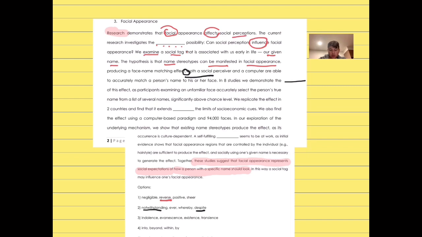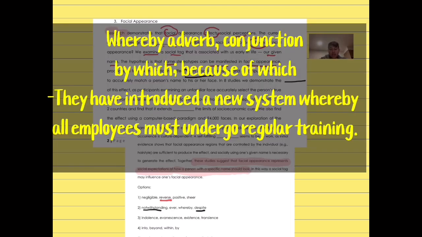Whereby is an adverb and conjunction. It means by which or because of which. For example, if I say they have introduced a new system whereby all employees must undergo regular training, it means because of this system all employees must do regular training.